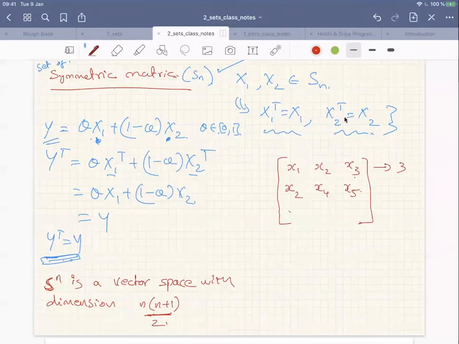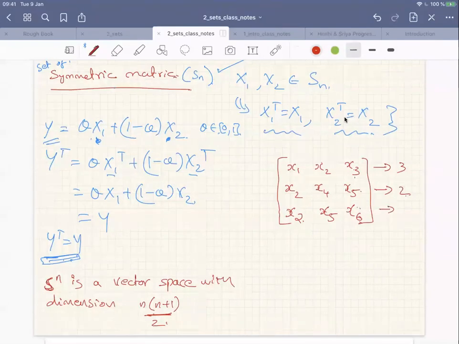Now this guy has to be the same as x3. So here we have two new elements. And here this guy has to be x2, and this guy has to be x5, and then x6. This is a new guy.